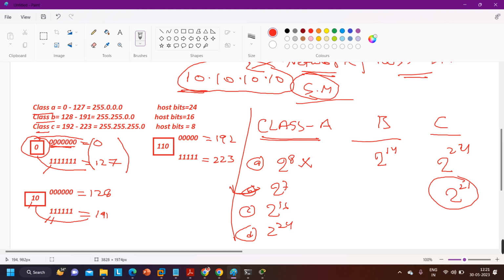From class A, class B, and class C, we have a range of private and public IP addresses. A private IP address is, let's say, 10.0.0.0 to 10.255.255.255. This is reserved for private. All other IP addresses are reserved for public.